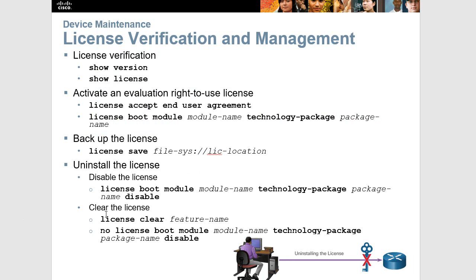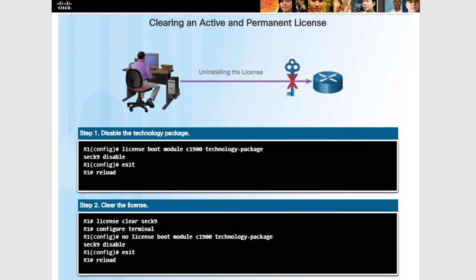Disabling your licenses. You've got license boot, basically disable. You'll name a license and disable it, or you can clear a license. That'll look like this: license boot module, package, disable, or you've got license clear, or no license boot module.